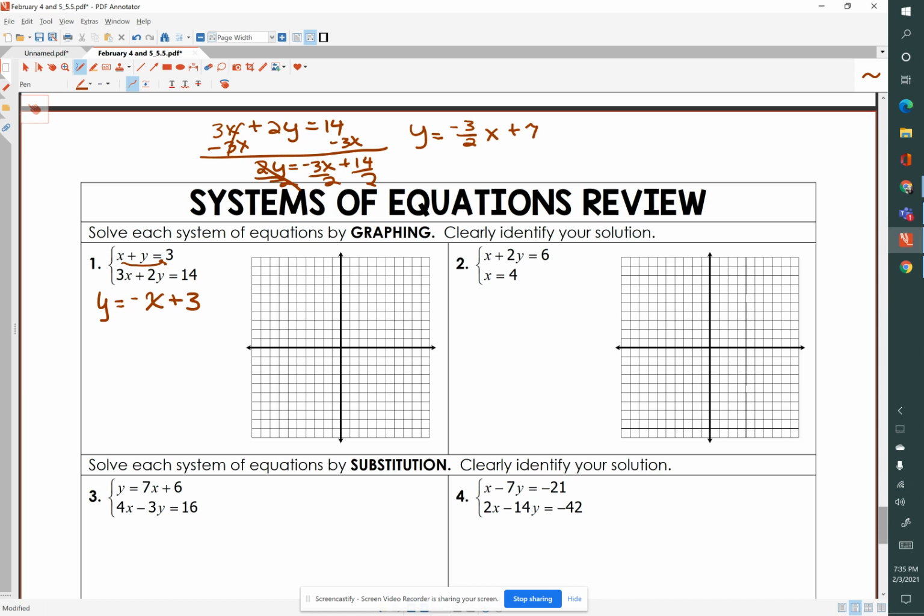So first equation, we have our y-intercept of, whoops, it should be positive 3, and a slope of negative 1. There's a slope of negative 1.